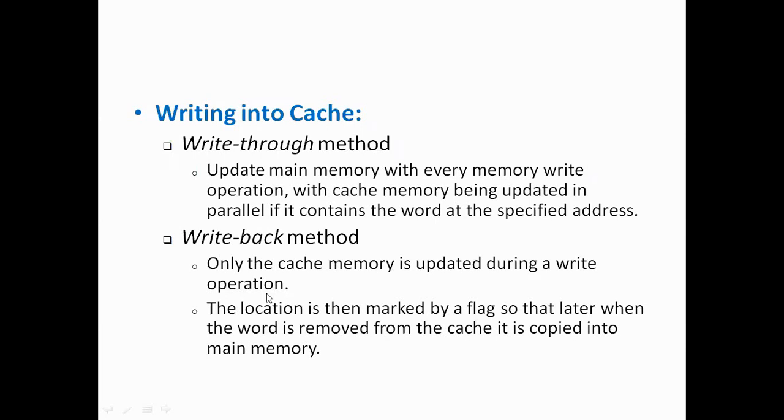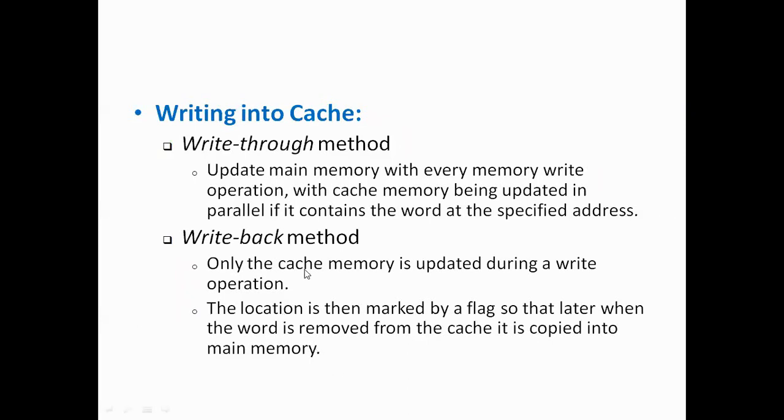The original copy that is in main memory will not be updated, but there will be a flag that will be set, it will be marked, so that we know that a change has occurred. And later, when the word is removed from the cache, then only the copy in main memory is updated using this value of cache.